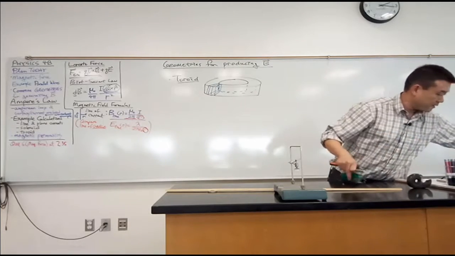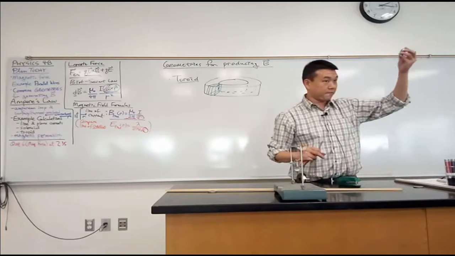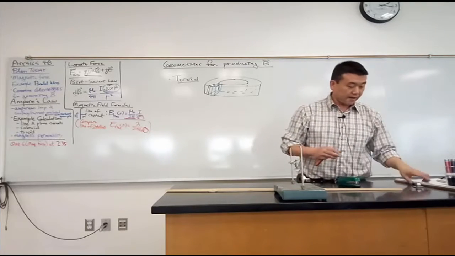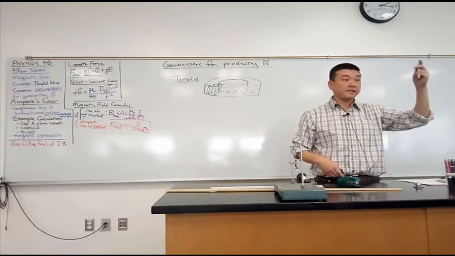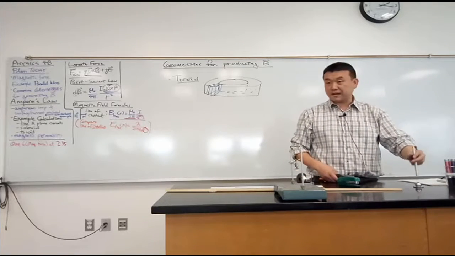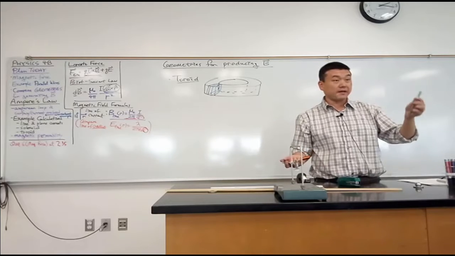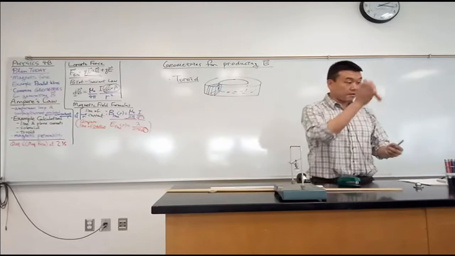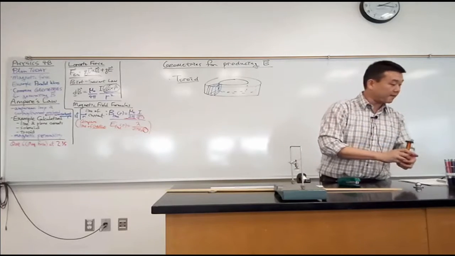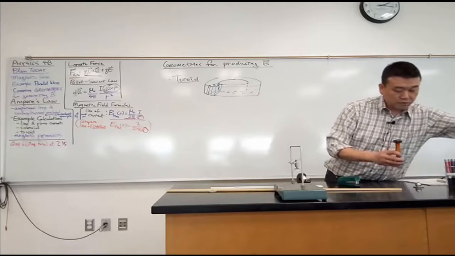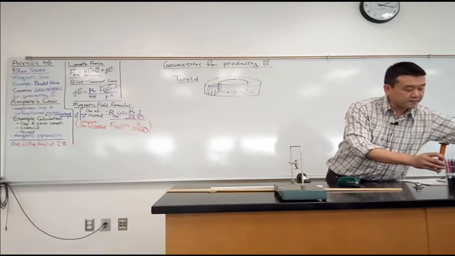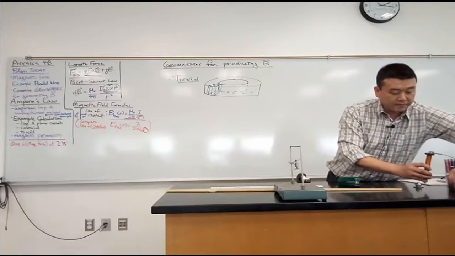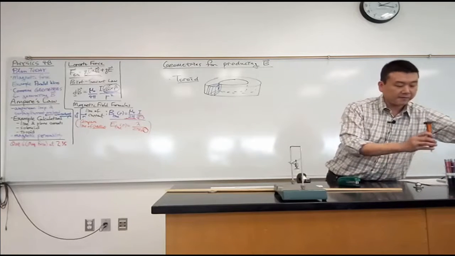Let me demonstrate with this quick demo. This is a steel ball, and this is a steel bar. But you can see that steel doesn't attract steel. It has to be a magnet. So let me turn this steel into a magnet. I can put this steel bar inside this coil of wires, and it's still not a magnet.